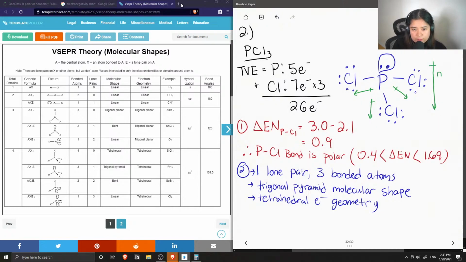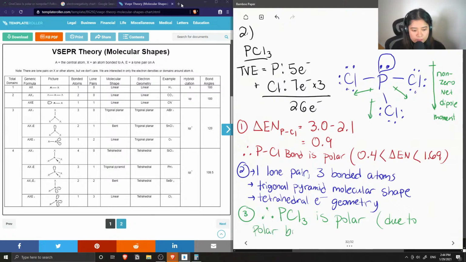And we can say that we have a non-zero net dipole moment. And because of this, our molecule is polar. And this is due to the polar bonds plus its molecular shape.